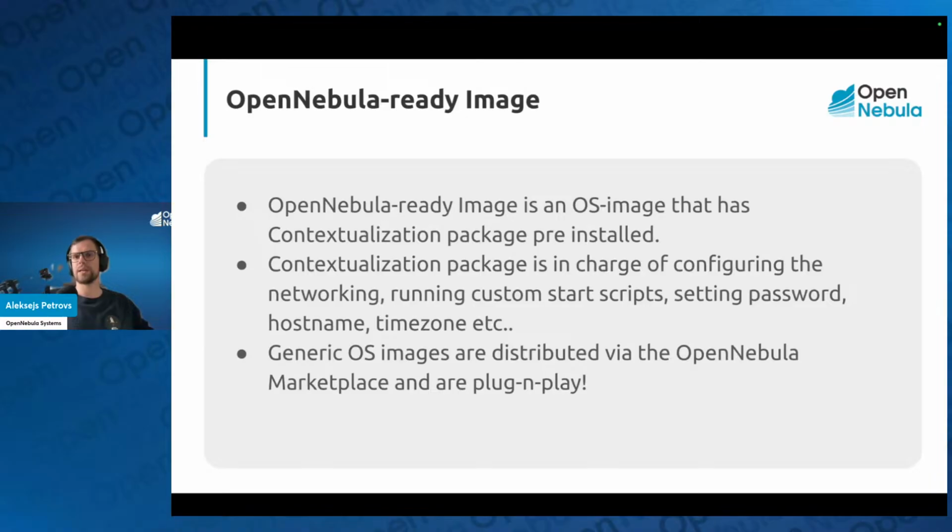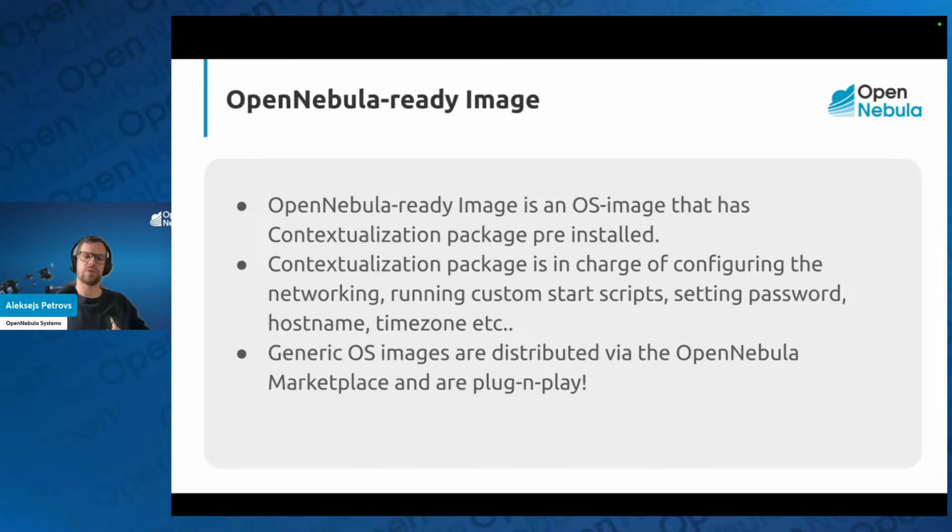The networking part is also going to be handled by the contextualization package. Whenever you deploy a virtual machine, the MAC address, the IP address, and so on are also going to be configured thanks to that package.